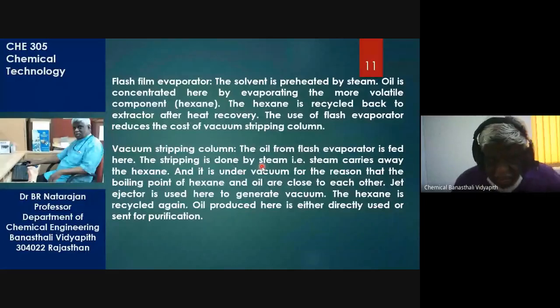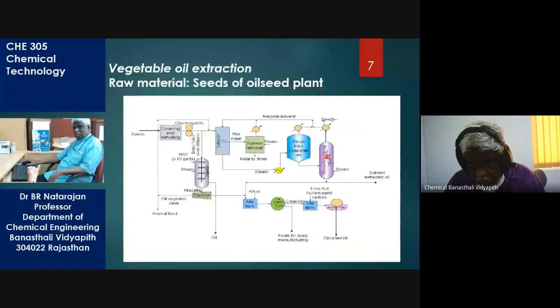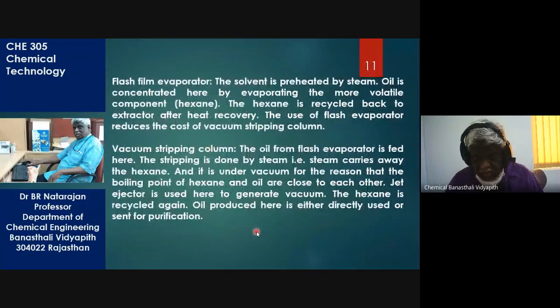That is, steam carries away the hexane, and it is recycled back. Under vacuum, the boiling point of hexane and oil are close to each other. Jet ejector is used here to generate vacuum and the hexane is recycled again. Oil produced here is either directly used or sent for purification.